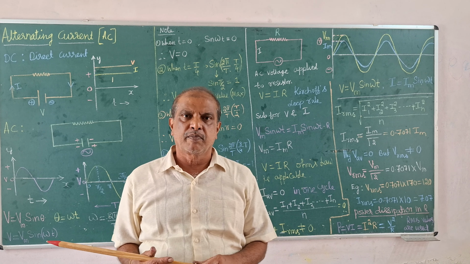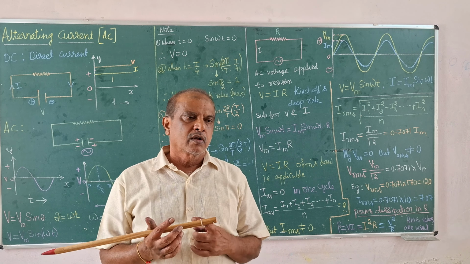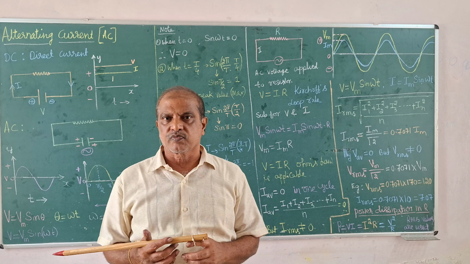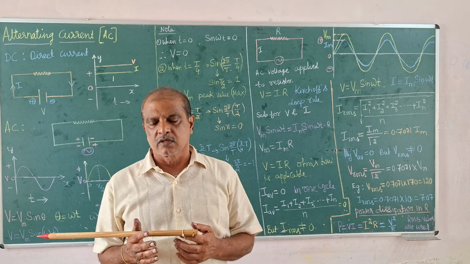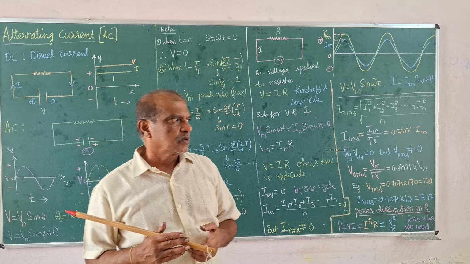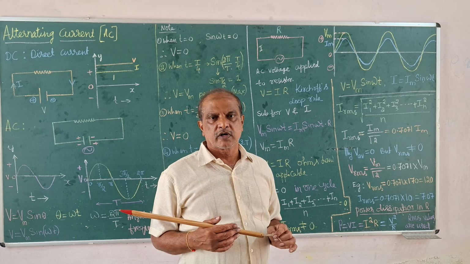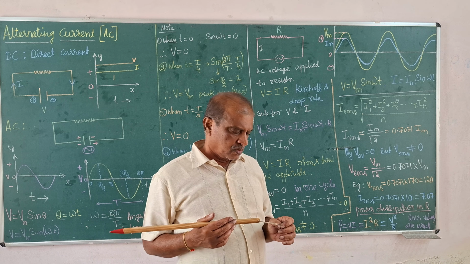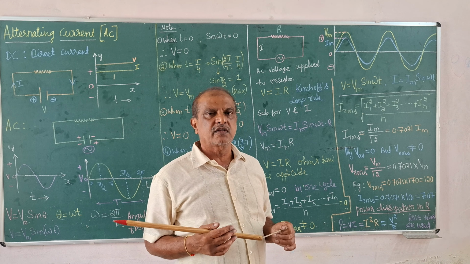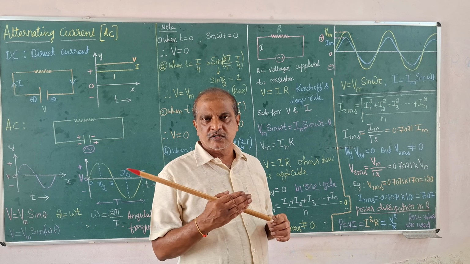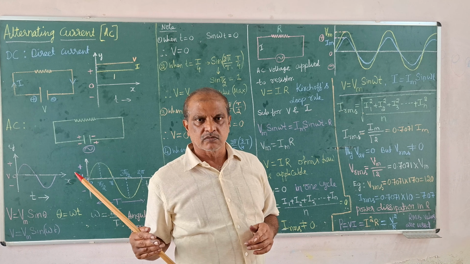As I said already, it is the backbone of our power distribution system. AC is easy to step up and step down in voltage. These are important in transmission and distribution. That is why AC is more useful than DC in production, transmission and distribution.